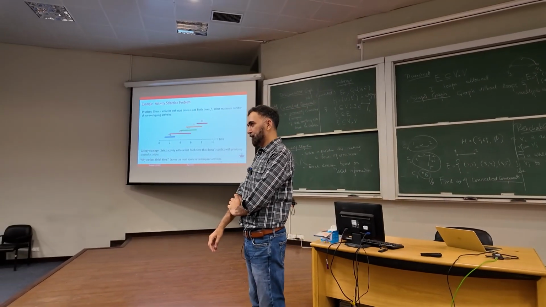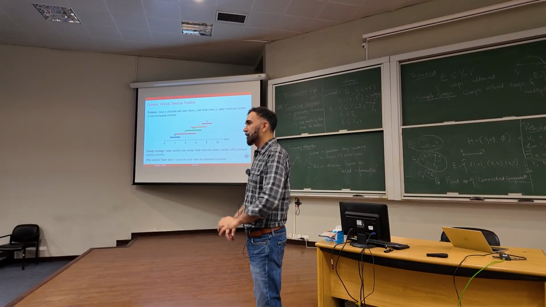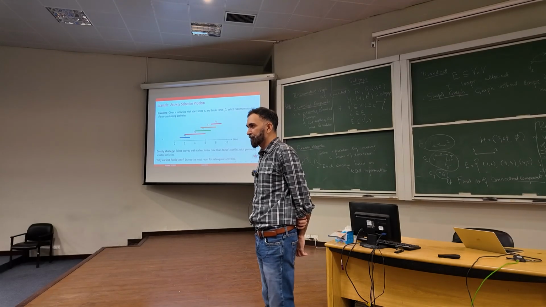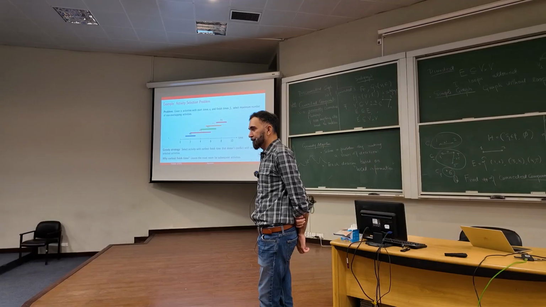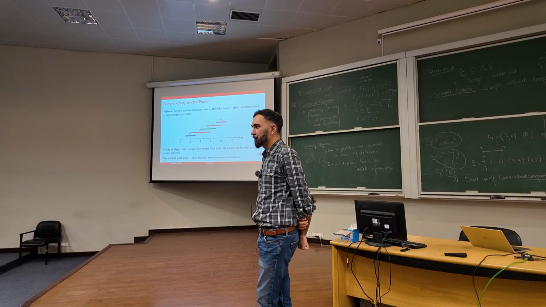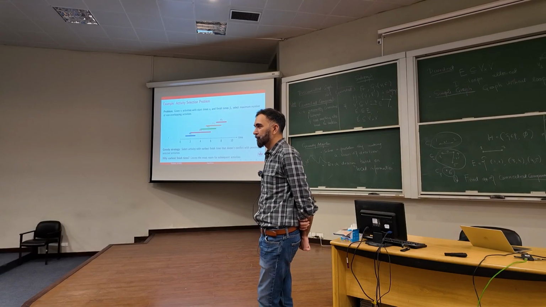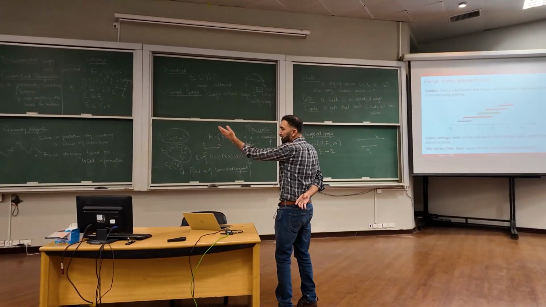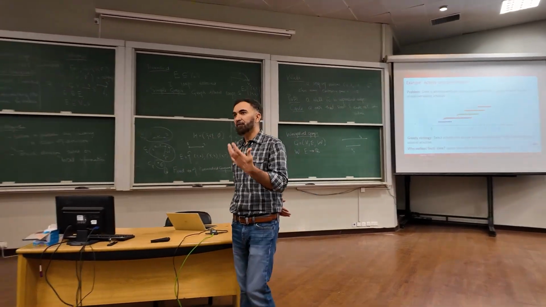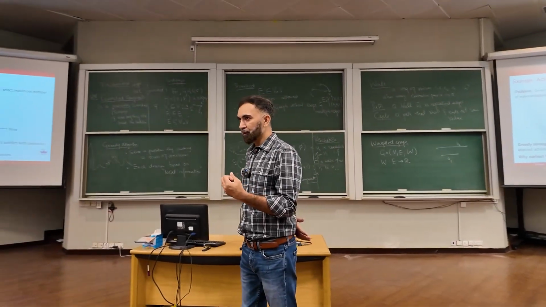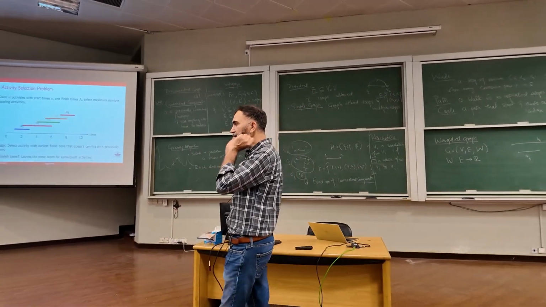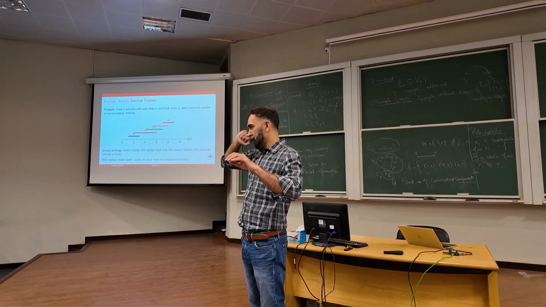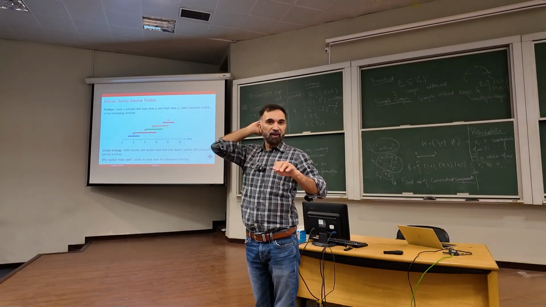For this problem, you can have multiple different optimal solutions, and we're going to prove that greedy is going to give you one of them. Guys, keep it down, please.